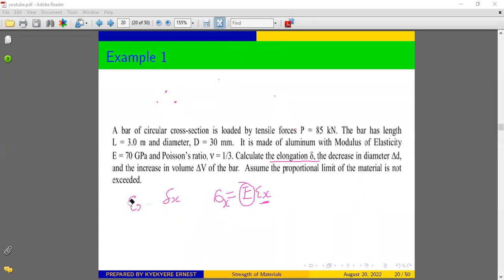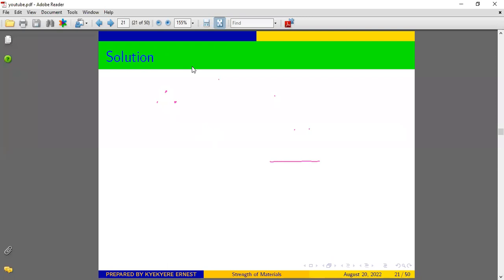Good. So let's quickly try to solve that question. Solution. For this question, first of all, the strain epsilon x is equal to the deformation in the x direction over the original length.